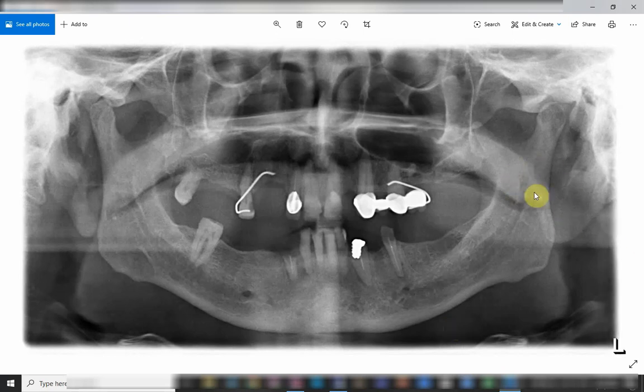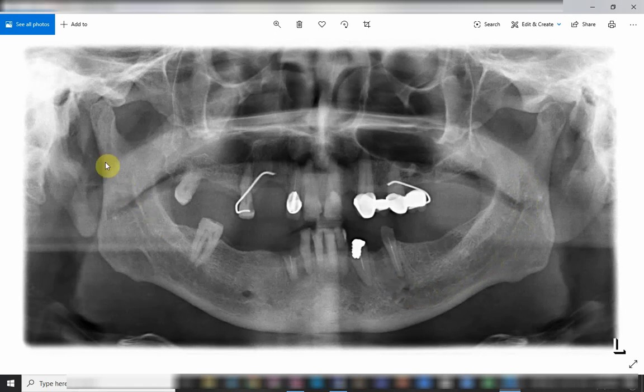The inferior dental canal starts from the mandibular foramen in the ramus of the mandible on the lingual side, and this represents the entrance of the inferior dental canal, nerve, blood vessels, and then it extends in a downward and then a forward direction, and then it loops back and then exits into the mental foramen.